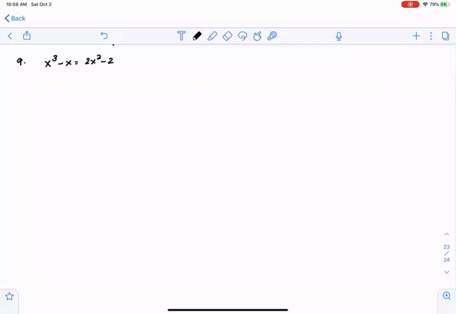Here we have x cubed minus x equals 2x squared minus 2. I am going to move all the terms to one side, so the right-hand side is 0. In the first 2 terms, I see an x in common. So if I pull that out, I would have x times (x squared minus 1).